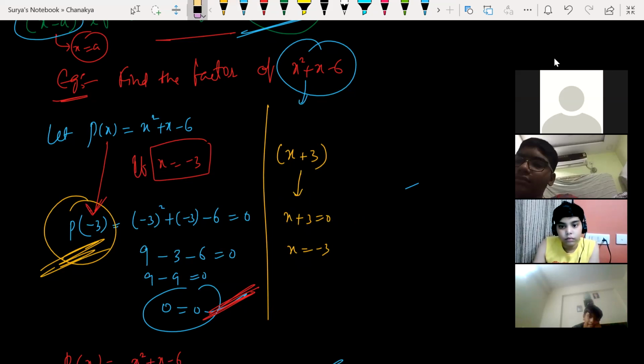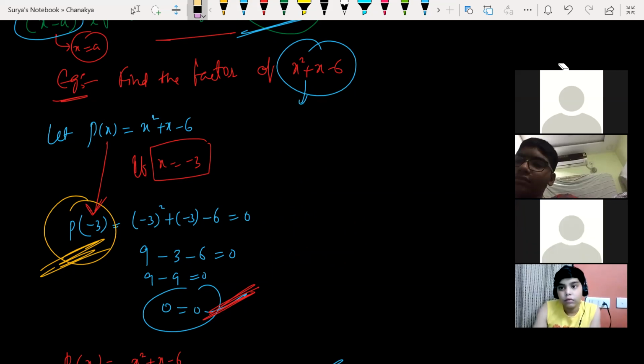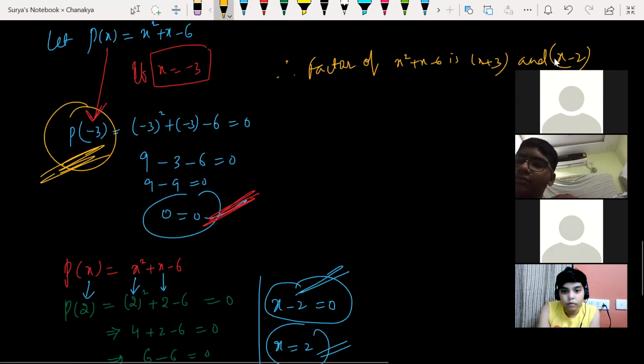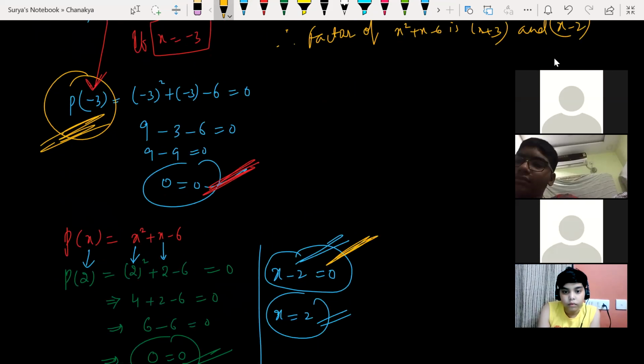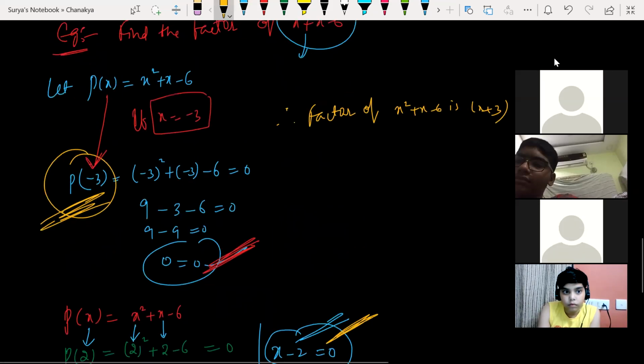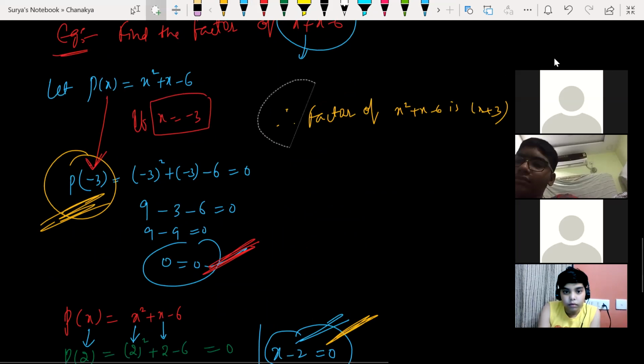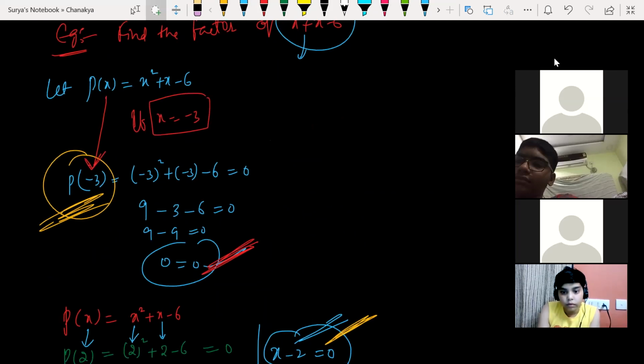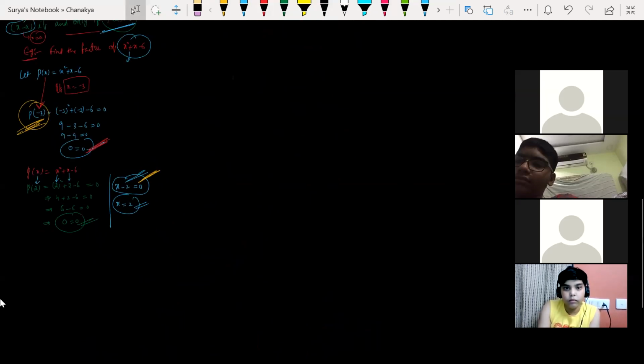What is a factor? X plus 3. So therefore, the factors of x square plus x minus 6 are x plus 3 and x minus 2. Why x minus 2 here? 2 is satisfying, right? So x minus 2. So now what are the factors? Let us write here.